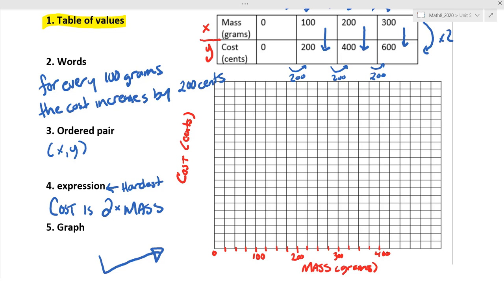So I'm going to go, let's see, let's do every line as 50 here. Wait, how many do we need? We need to go up to 600 on the y-axis, with the cost. So let's do every line as 50. So we'll go 50, 100 as the second line, 150, 200, 250, 300.